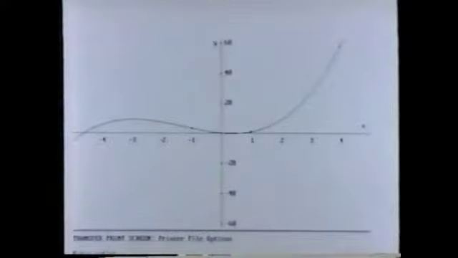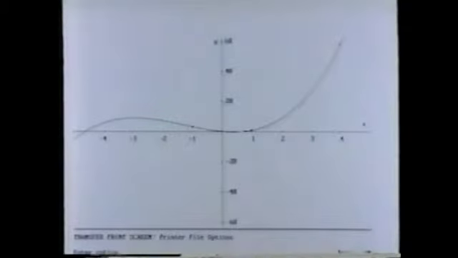So here's the graph, and this is the graph of the function y equals 5/10 x cubed plus 2x squared minus 15/10 x plus 0. Here are the points that we had it going through.